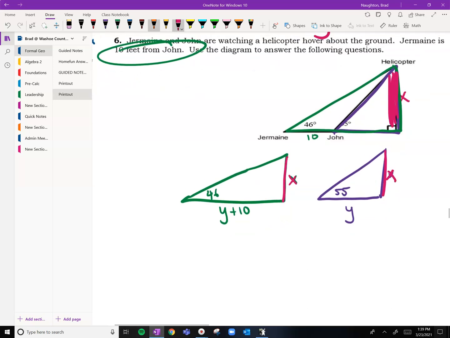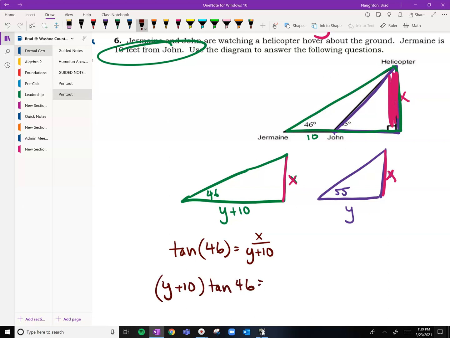Alrighty, so once again, we don't have any information about the hypotenuse, so we're going to do tangent. So tangent 46 is going to be X over Y plus 10. So we're going to get Y plus 10 tangent 46 is equal to X when I cross multiply.